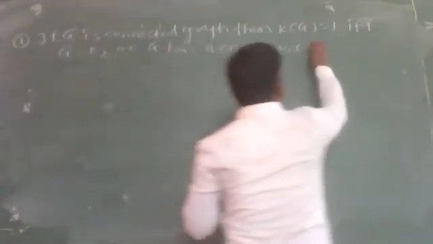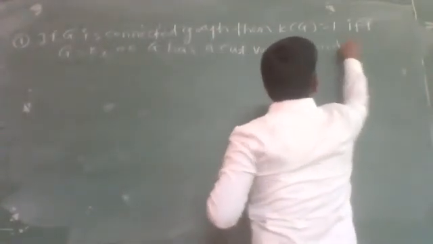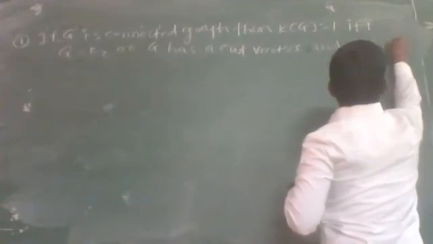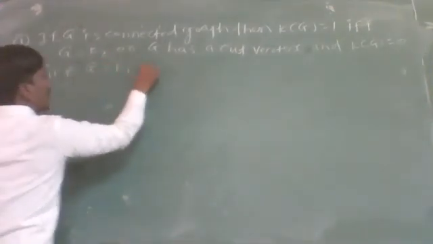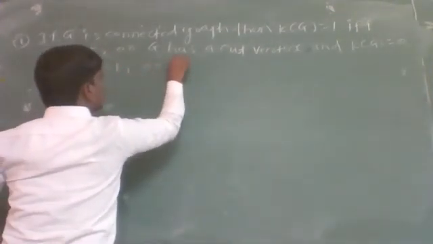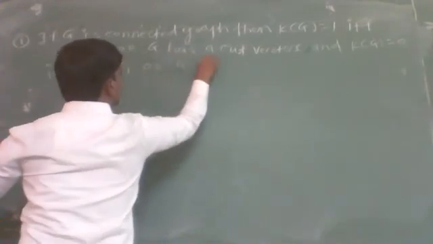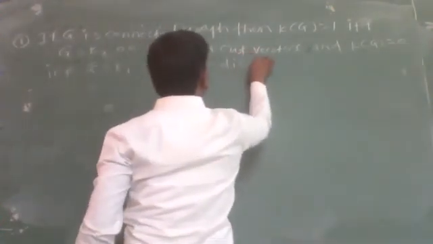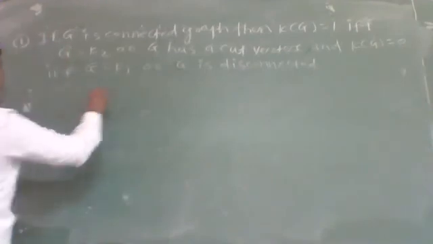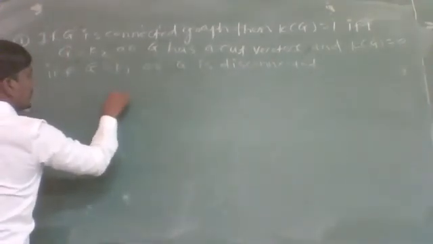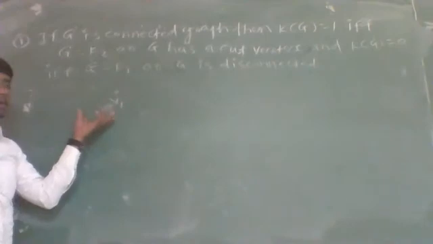And the connectivity of G will be equal to 0 if and only if G equals K1 or G is disconnected. The connectivity of G we take as 0 if G equals K1, that is a single vertex, and we know that there is no graph with no vertex.